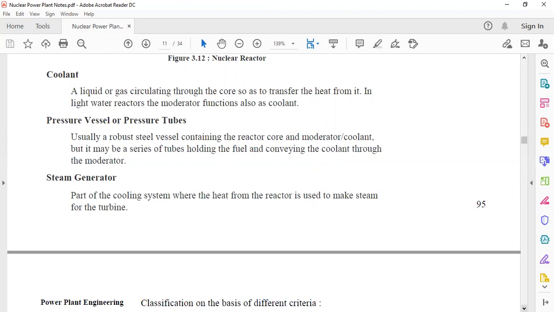And the most important is the steam generator, which will rotate the alternator's rotor to generate the electrical energy. The rotor is mechanically coupled with the turbine, which will be driven by the steam, so it will rotate and produce the electrical energy.